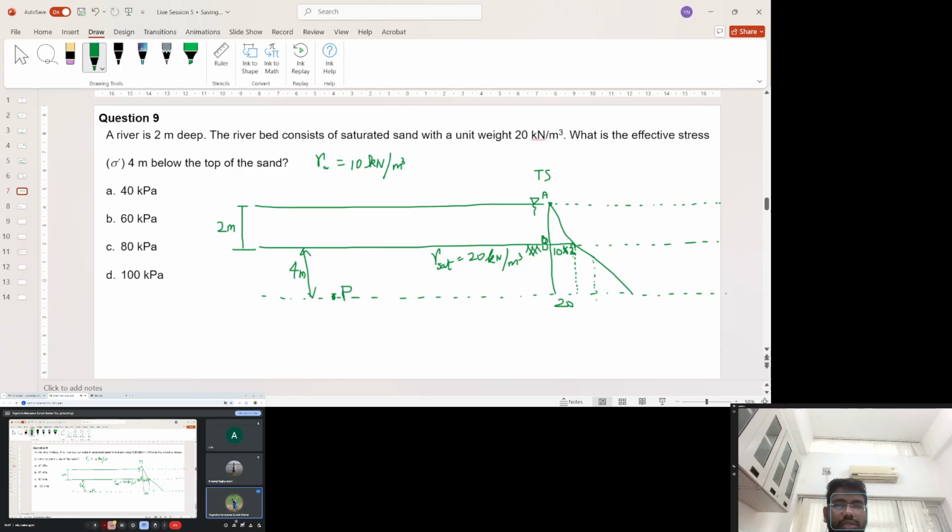So here it will be 20, it is 2 into 10. Further here it will be due to the saturated unit weight, that is, the stress is gamma sat into Z, which will give 20 into 4. It is due to the soil that is present, 80.